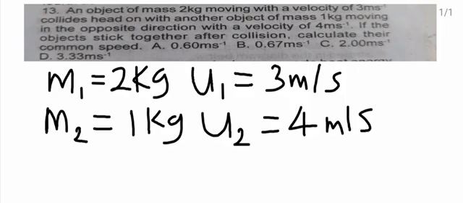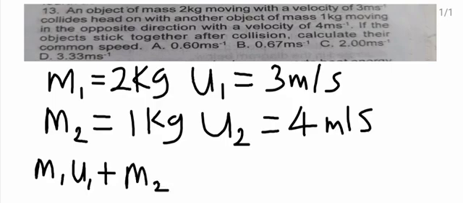So as you know, you guys remember the formula for collision, both for before collision and after collision. So use this formula: mass of the first one multiplied by the velocity of the first one, plus the mass of the second one multiplied by the velocity of the second one, is equal to, when the two velocities come together, that will now give a final velocity of v.